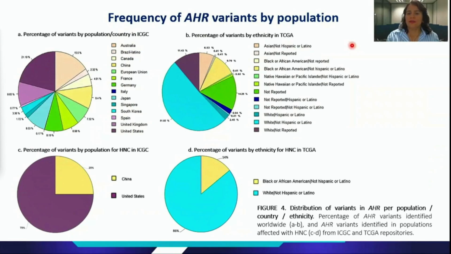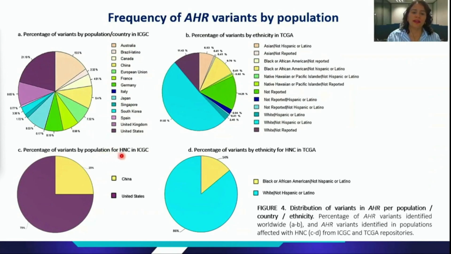According to the ethnicity reported by TCGA, most of the variants were reported in white individuals, and the ethnicity was not reported for 14% of the variants.